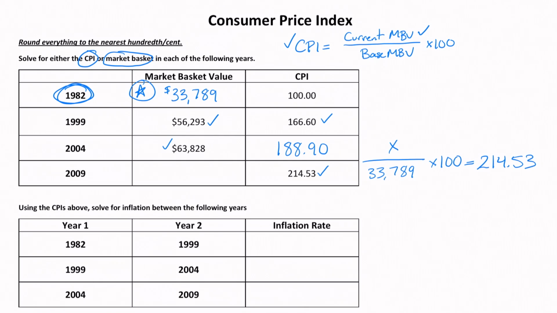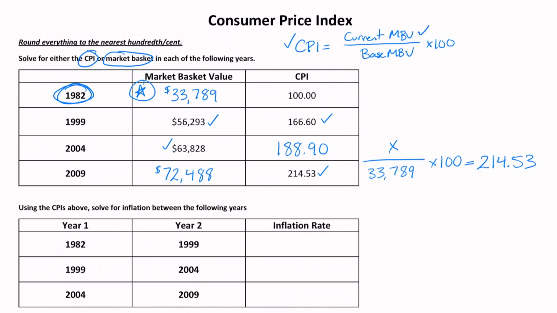And again, then we can just do the algebra from there. We can divide both sides by 100, then multiply both sides by 33,789 and solve for x, and we should end up getting a dollar amount of 72,488.